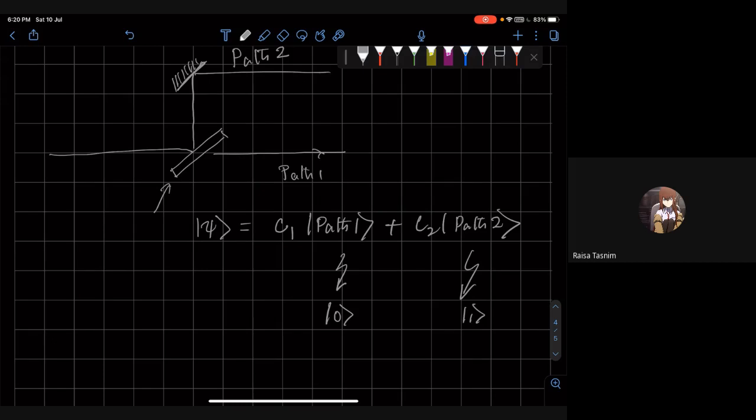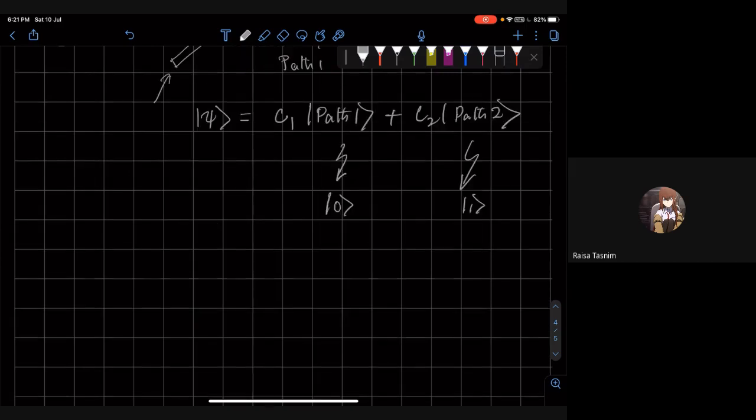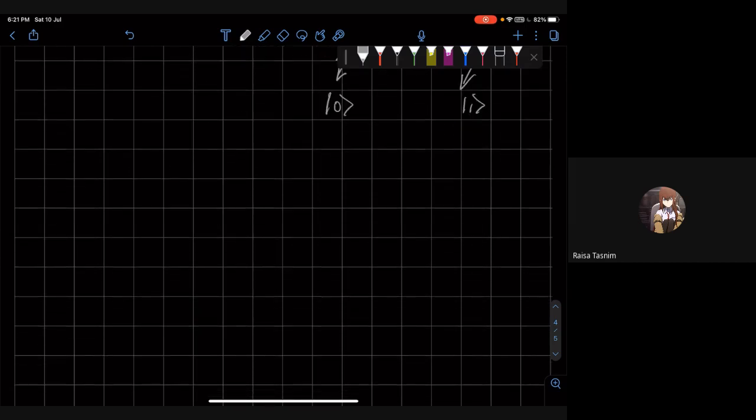So, last time I started discussing something like the density matrix, right? So, today I'm going to give you a definition of density matrix. But before that, let's start with a discussion, okay? So let's go back a little bit and talk about what we discussed last time.